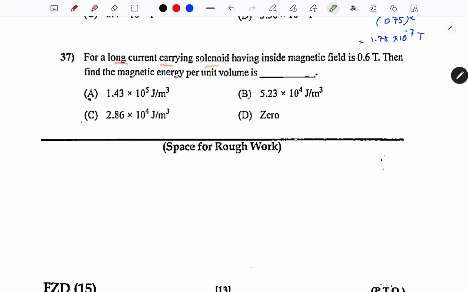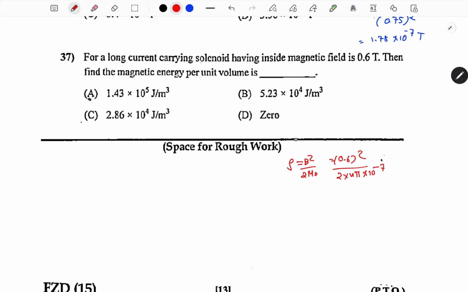For a current carrying solenoid having an inside magnetic field of 0.6, find the magnetic energy per unit volume. Magnetic energy per unit volume means rho is equal to B square by 2 mu naught. The magnetic field is 0.6 Tesla square divided by 2 into 4 pi into 10 to the power minus 7.